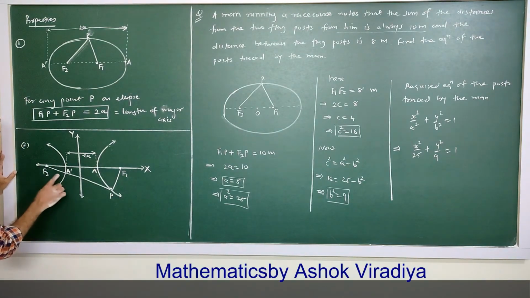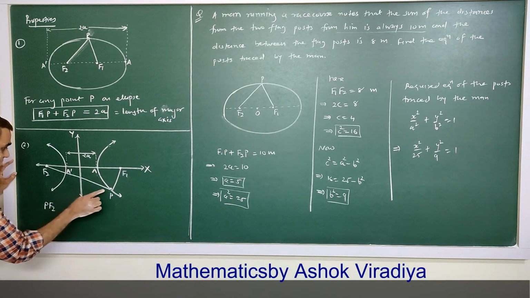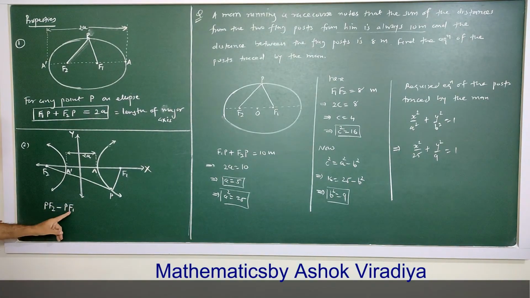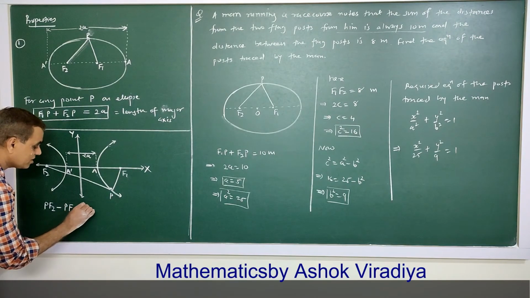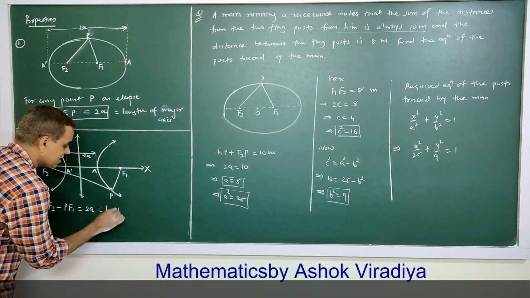The greater distance minus the smaller distance is constant, and it is 2 times a, the length of the transverse axis.